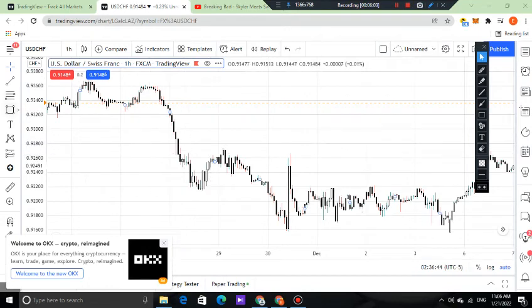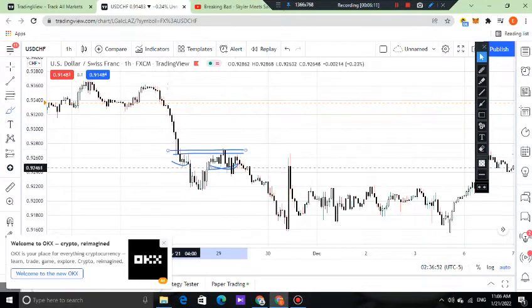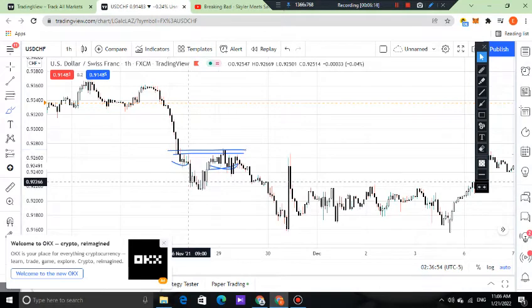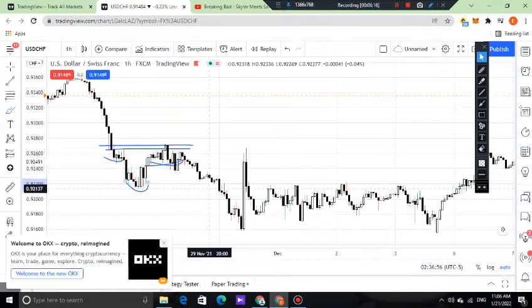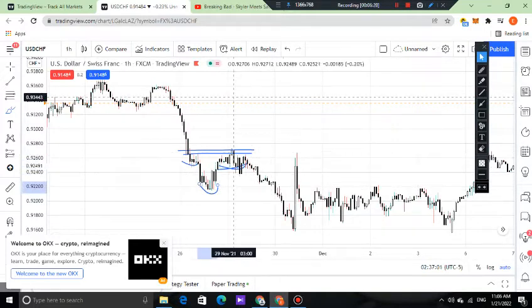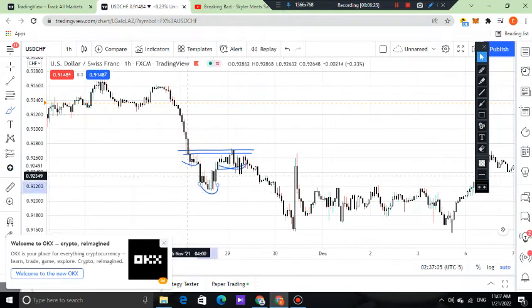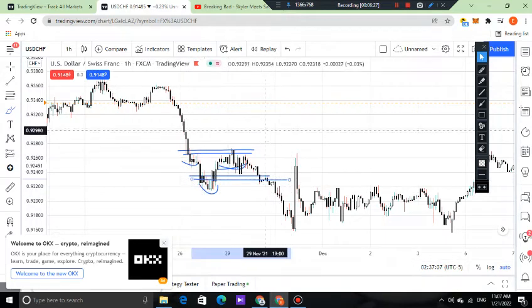But we want to find some examples of that 25%. Check this out. We have a pattern here, a left shoulder and right shoulder. We got it at the end of this bear trend, and head, and as you can see, it didn't hit the target, but it hit your stop loss.